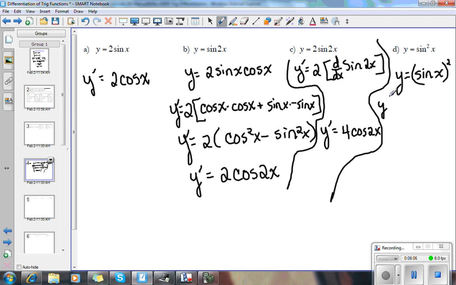So the derivative, using the power rule, I'm going to have 2 sine x to the first power, so the inside left unchanged, times the derivative of the inside, which is cosine x. So I get 2 times sine x times cosine x, which, remember, I can simplify and say that that's sine 2x. Now, you wouldn't have to simplify that. If you were doing a problem and you left your answer like that, that's okay. It's just that there will be some instances where knowing these, the double angle formulas, will be helpful to you.